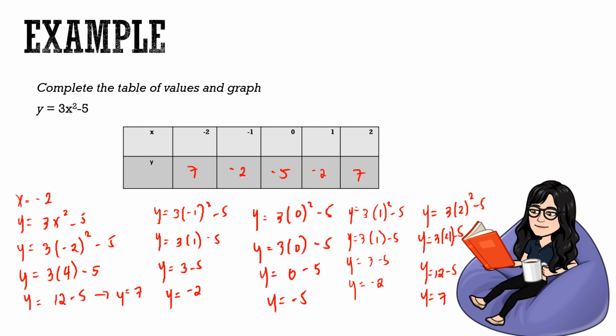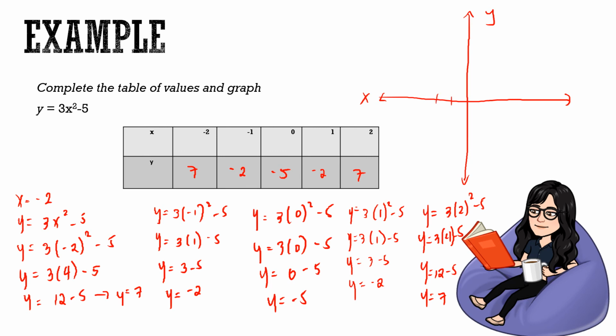So again, of course, it is much better if you will be using graphing paper or mathematics paper. So let's graph. So again, this is your x-axis and this is your y-axis.